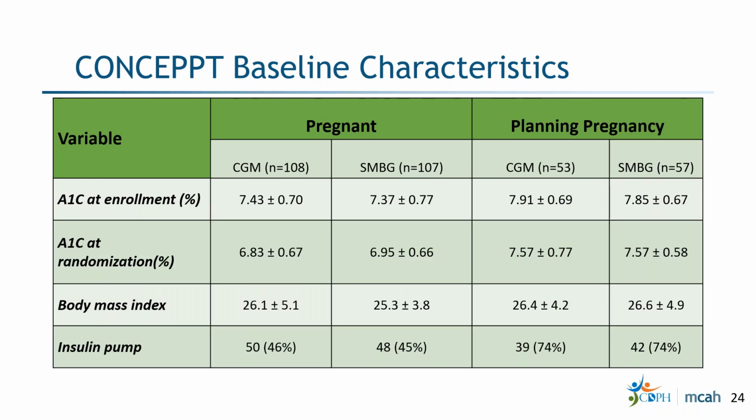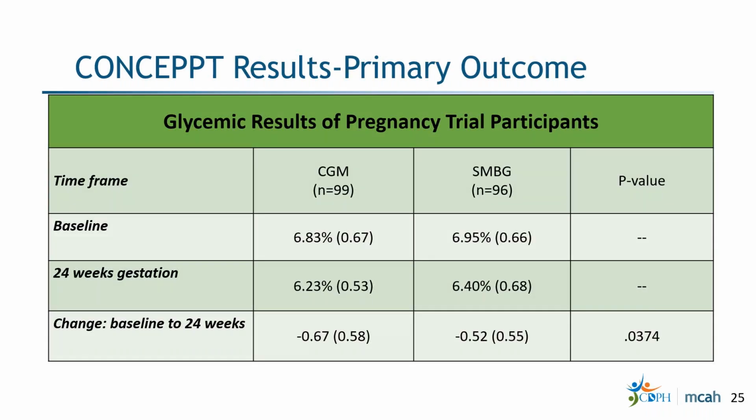The A1Cs at enrollment, you can see here, and by randomization they had come down a little bit, but were very similar between both groups, with similarities in body mass index. And I would say insulin pump usage was pretty high, especially in the planning pregnancy group, at 74%.